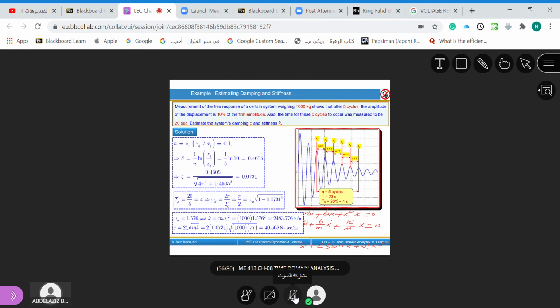So what we have here, guys, if we compare between these two equations, we have k over m equal to omega square n. We already did this.